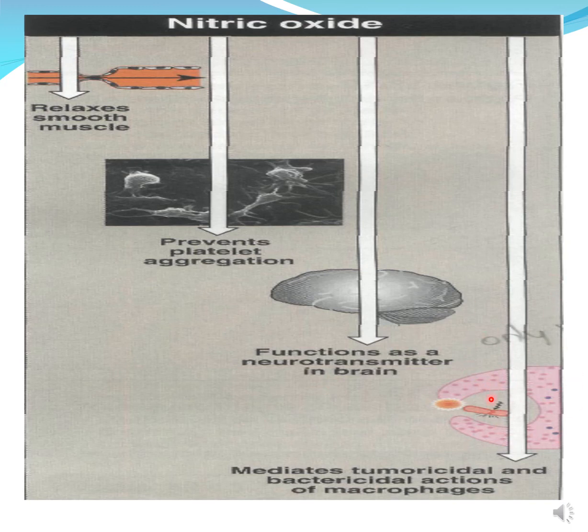In the macrophages, nitric oxide is involved in what is called respiratory burst, a process by which the macrophages produce reactive oxygen species which act as bactericidal, that is to say, they kill the bacteria and help neutralize its harmful effect. So there are different functions of nitric oxide carried out by different nitric oxide synthases at various positions inside our body.